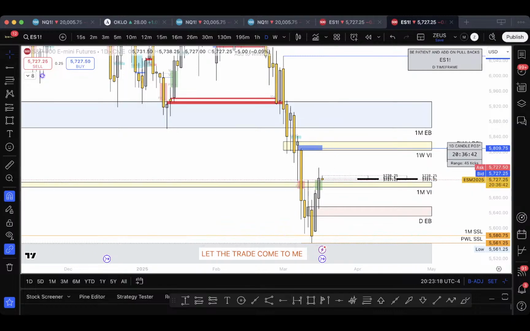So yeah, same thing. Both indices are pretty much saying the same thing. We're going to see some upside finally.